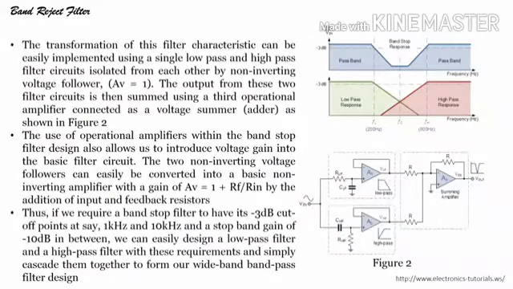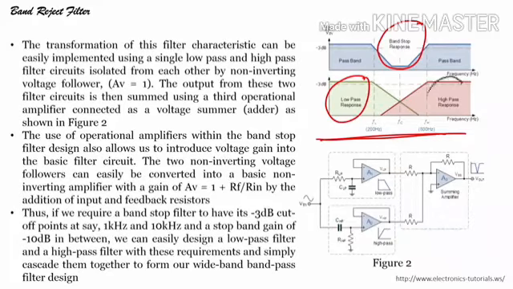Now, let us see further. The transformation of this filter characteristic can be easily implemented, as you can see here. This is the band stop response, the low pass response, and the high pass response, and here this is the central frequency; this will be the band which is rejected. If I want to draw this, I can draw it very easily.